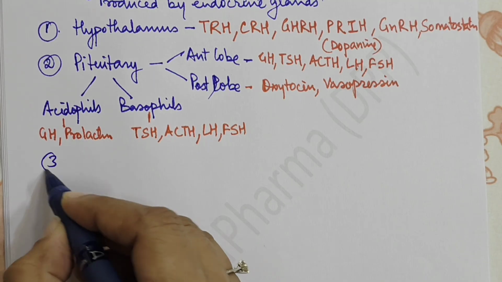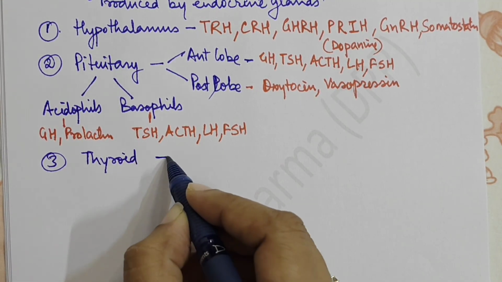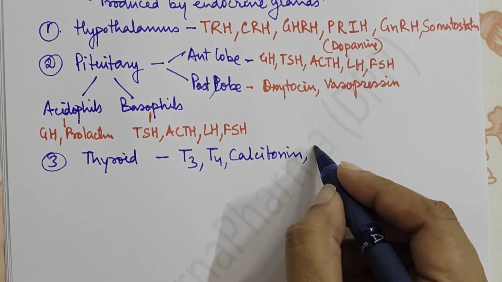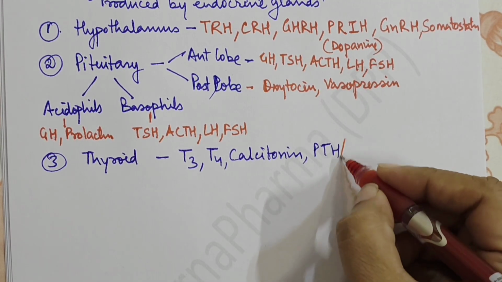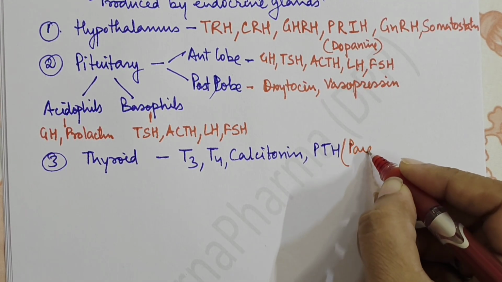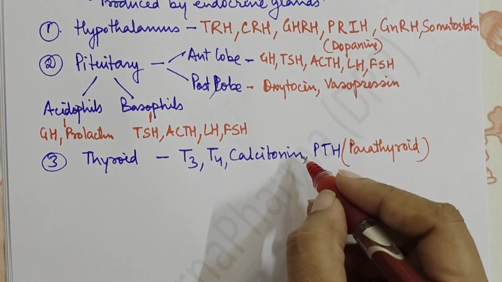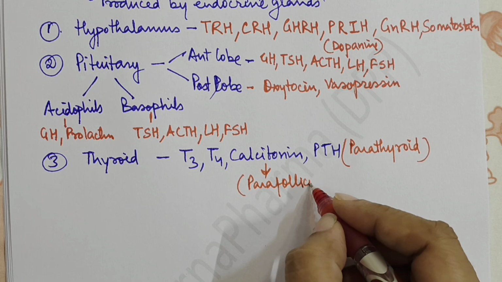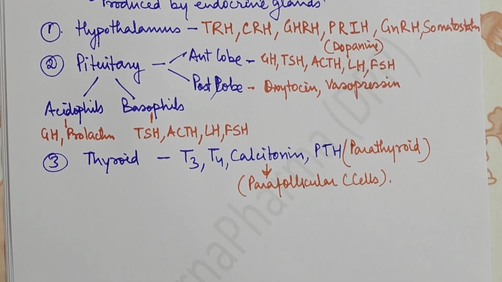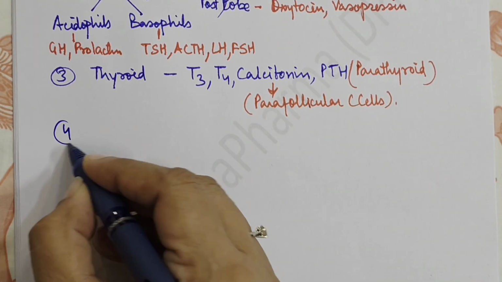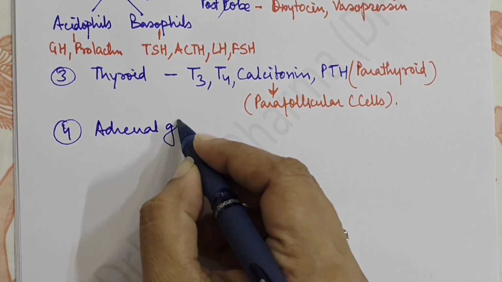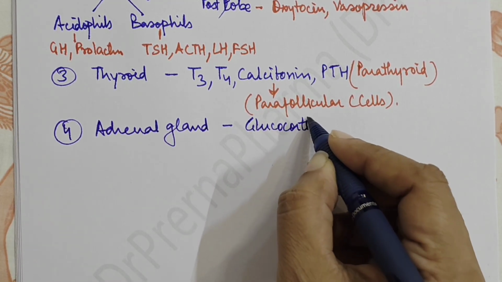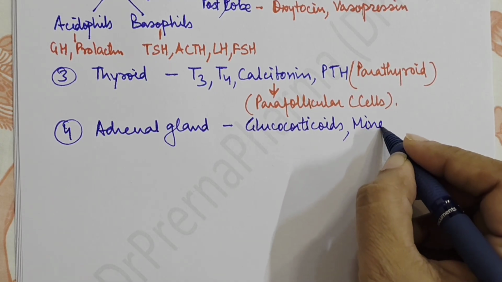Then next, the third gland that we study about is the thyroid. And the thyroid gland secretes T3, T4, calcitonin and parathormone. Now parathormone actually comes from the parathyroid gland, and calcitonin comes from the parafollicular C cells which are present in the thyroid. Okay, then next we study about the adrenal gland. From the adrenal gland we get glucocorticoids and mineralocorticoids, right?